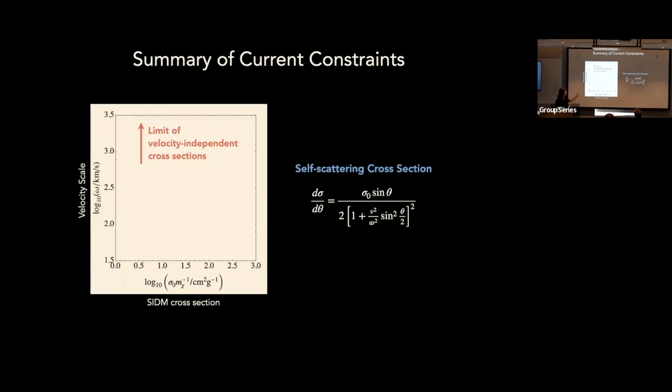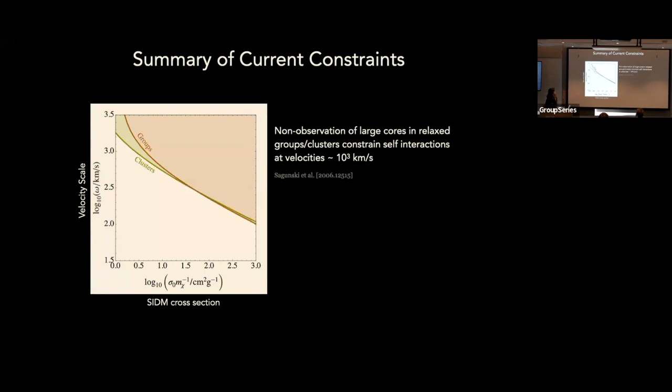So what regions of this parameter space survive? This region up here is excluded from the fact that you don't end up observing cores in galaxy clusters. So groups and clusters, you're probing velocity scales on the order of 10 to the 3. You don't end up seeing in these relaxed clusters significant coring, and so that excludes this regime up here.